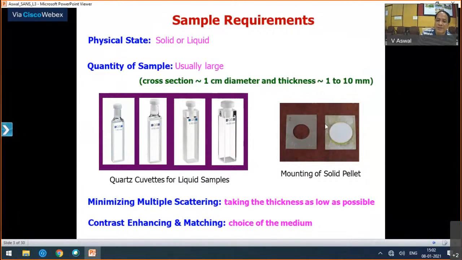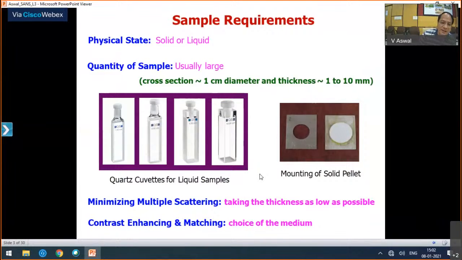For solid samples, you can use mountings made of cadmium, so that only neutrons pass through this hole, and over that you can place your pellet of solid sample.